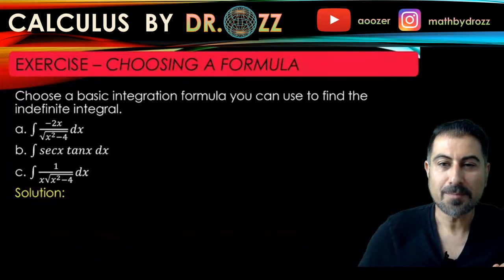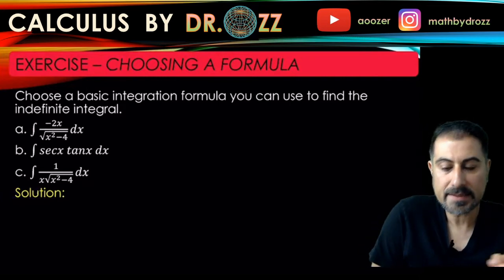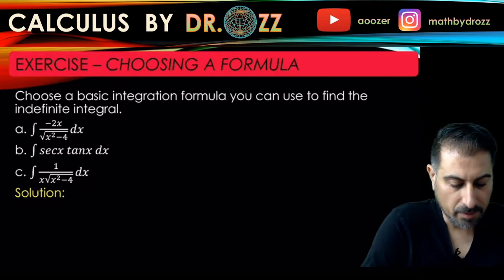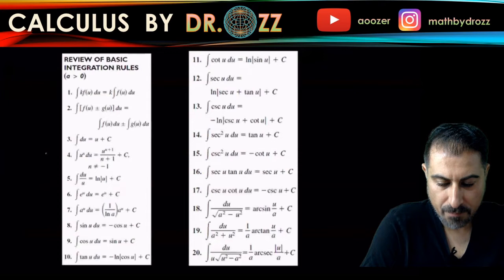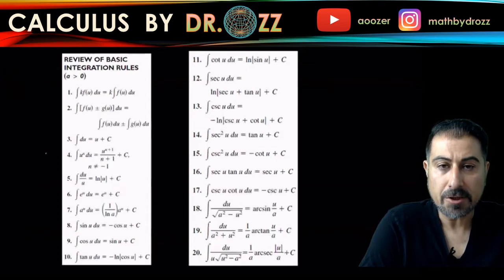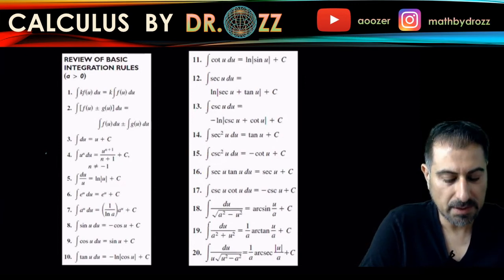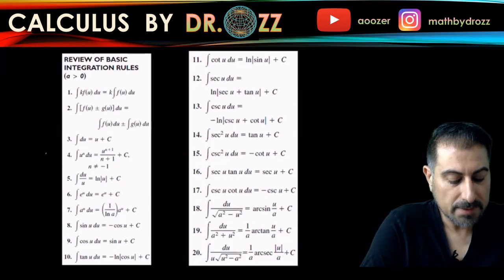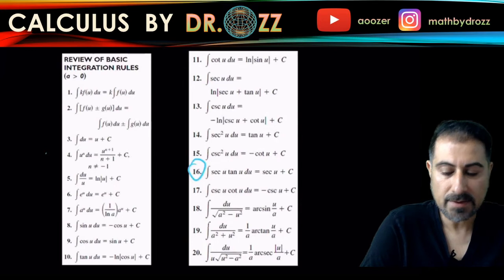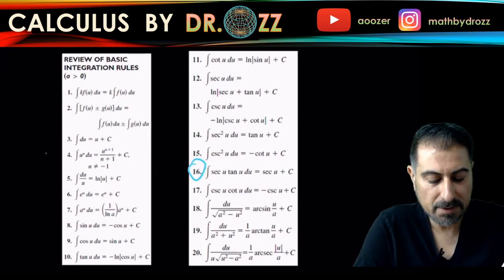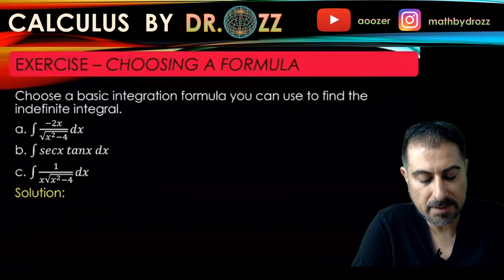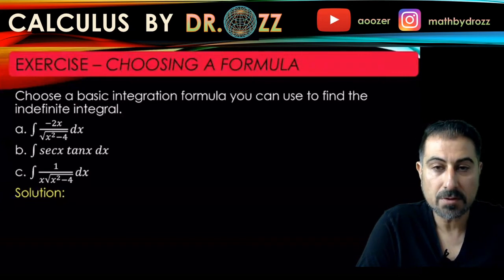All right, for part B, we have secant x tangent x, and going back to the basic integration rules, I can see number 16, which is the integral of secant u tangent u du equals secant u plus c. So in our case, u equals x. In fact, for this part B, we don't need a separate u substitution.